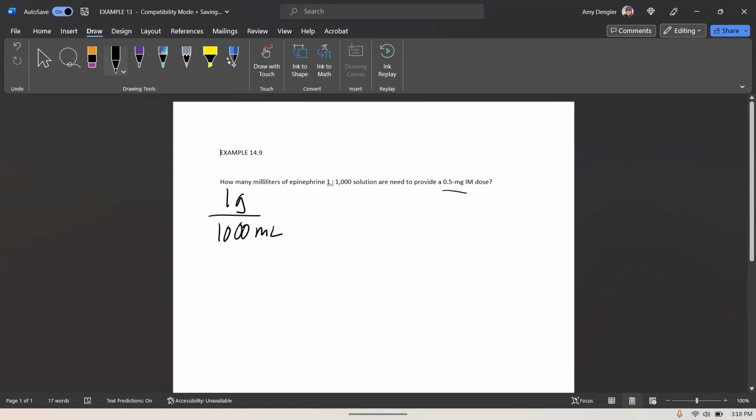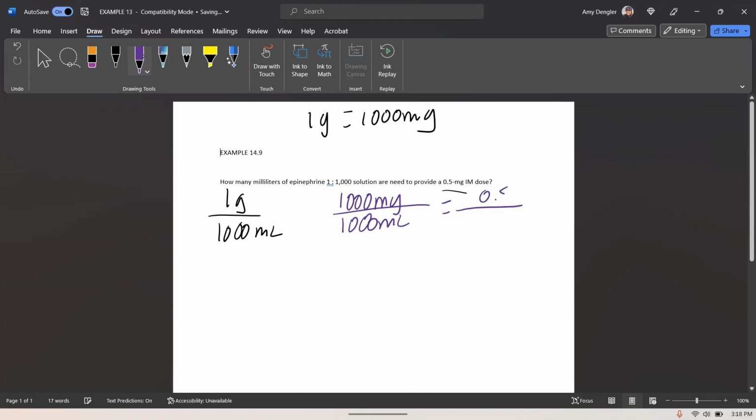So that means we need to convert this 1 gram to milligrams. So we can easily do this because we know that 1 gram is equal to 1,000 milligrams. By now we have that in our brain and we know that. So we're gonna say 1,000 milligrams over 1,000 ml. And we wanna give 0.5 milligrams, how many ml?